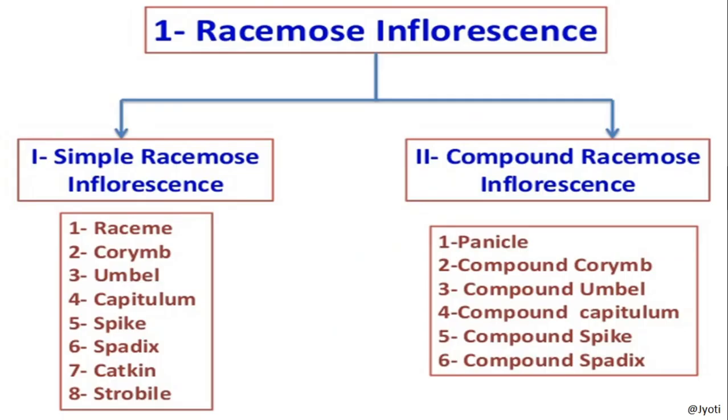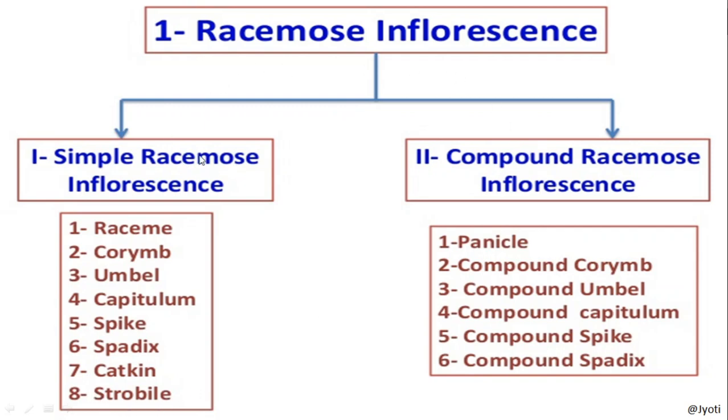The racemose inflorescence is grouped into simple racemose inflorescence and compound racemose inflorescence. The simple racemose inflorescences are raceme, corymb, umbel, capitulum, spike, spadix, catkin and strobili.